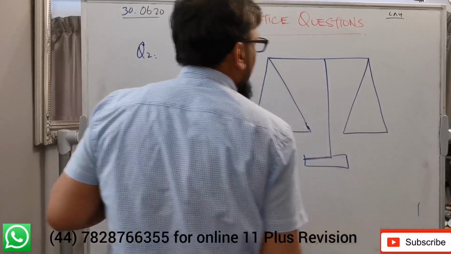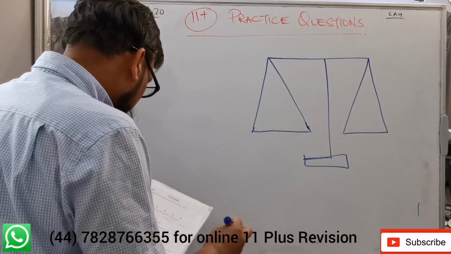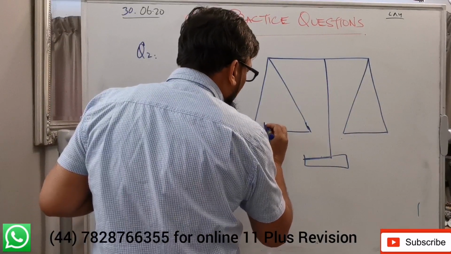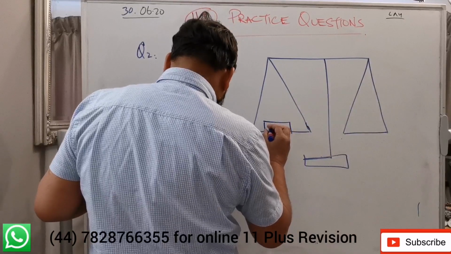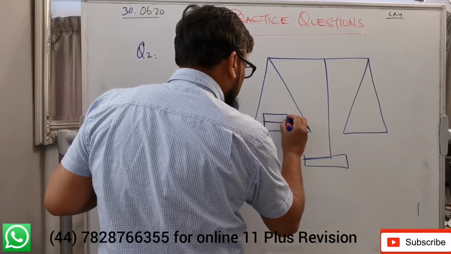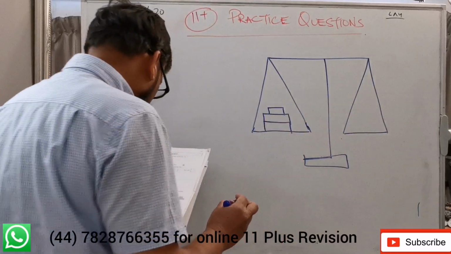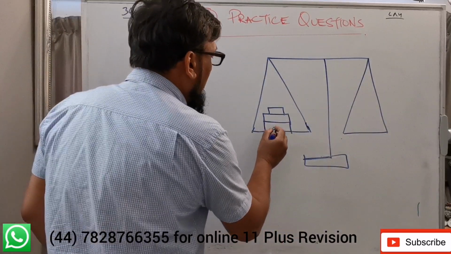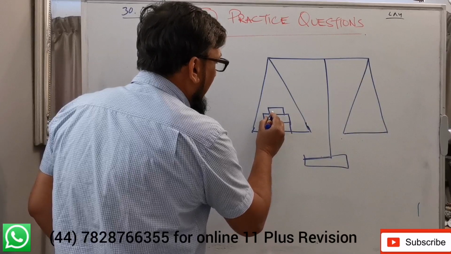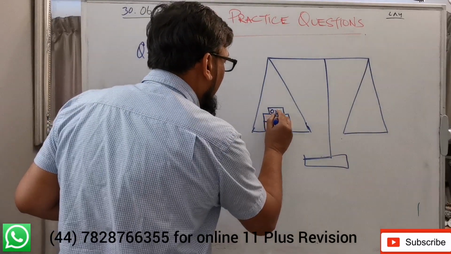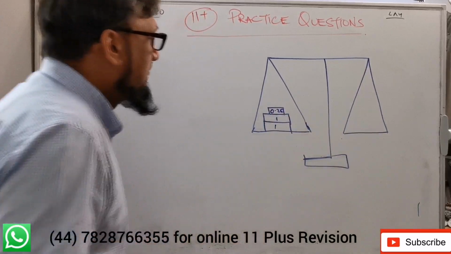Okay, and they are giving you this value in the form of 1, 2, and 3. So they are giving you the values 1, 1, and 0.25.